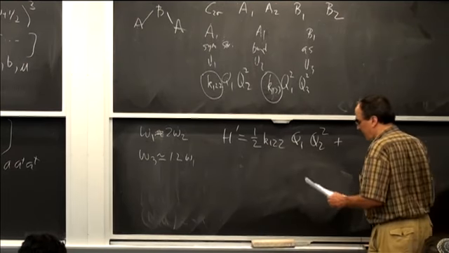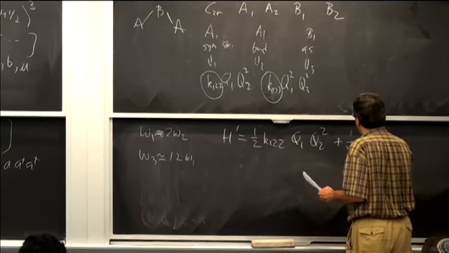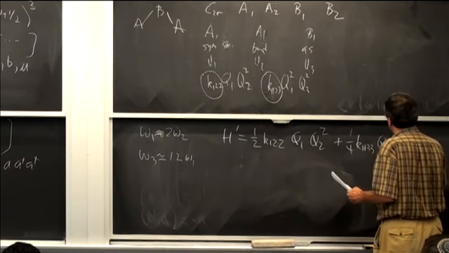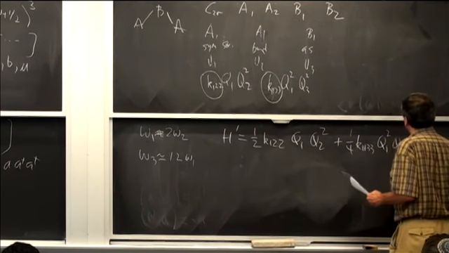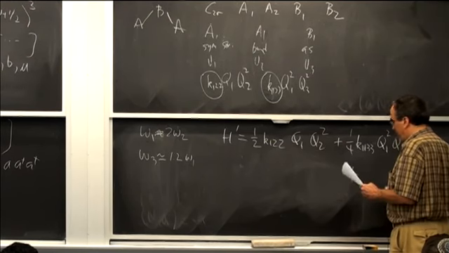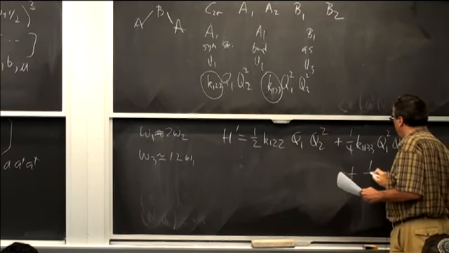Okay, and then there's another term, 1/4, K1133, Q1 squared, Q3 squared. And then let's write a third term, 1/12, K2233, Q2 cubed, Q3 squared. So here's a cubic term, a quartic term, and a quintic term.